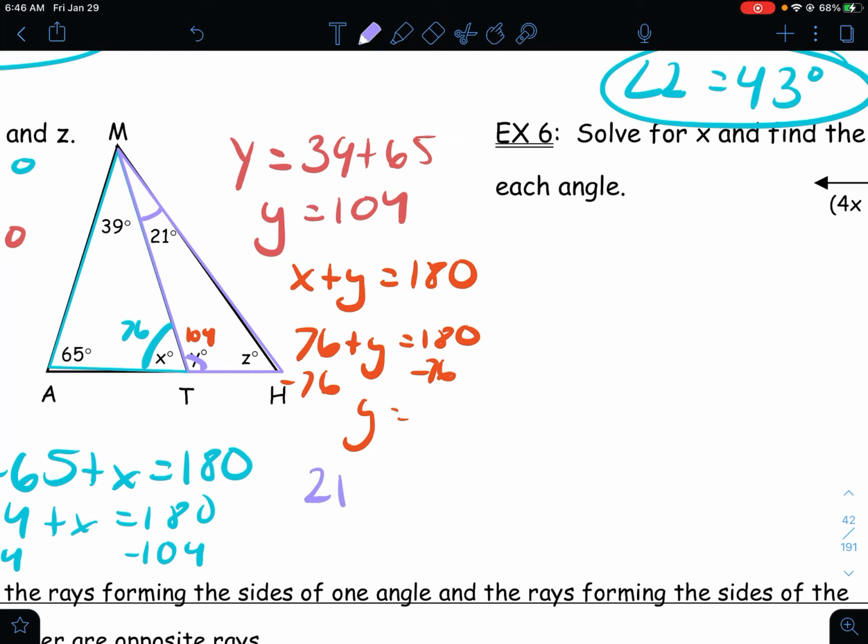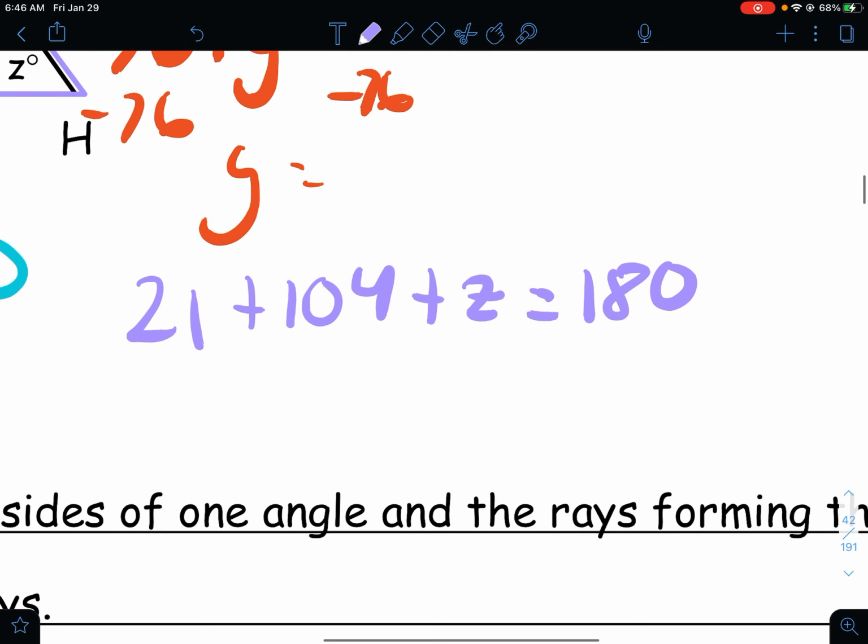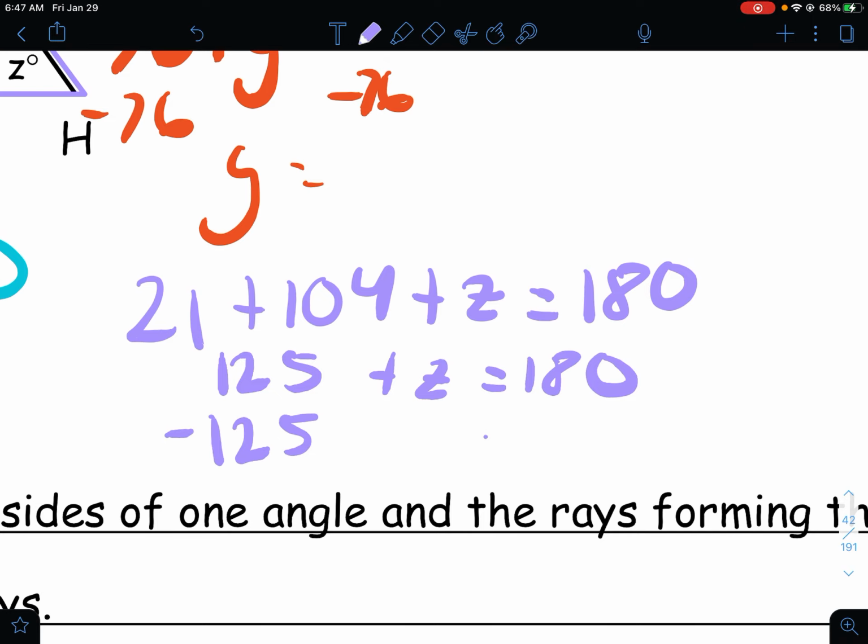So we could say 21 plus 104 plus z all have to equal 180. So then we're going to do 21 and 104. We get 125 plus z equals 180 minus 125.